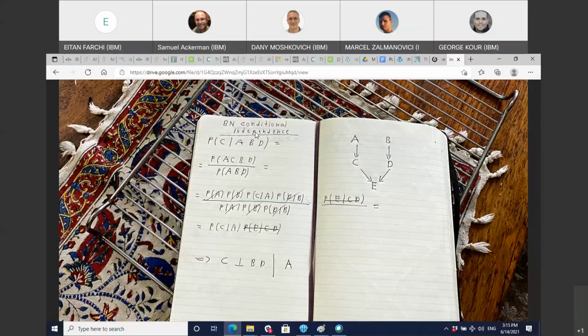Now, because of the conditional independence, how many rows will I have in the table, actually? 2. And that's exactly what Sam was saying. That's the answer. So it's very important to understand conditional independence because it has a huge impact on the complexity of different things you're trying to do.